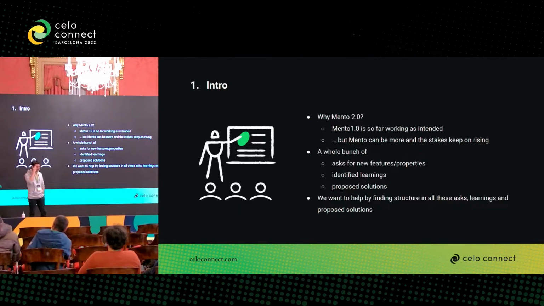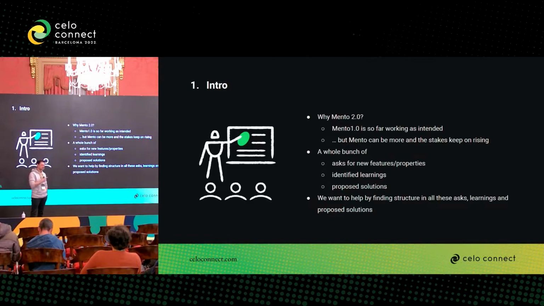What the next couple of slides try to do is structure, as well as we can after talking to so many different people and getting all that input, this whole bunch of asks, feature requests, and properties for a new Mento. The learnings that we were seeing ourselves over the last 2 years, but also the ones that were communicated to us about things that didn't go well, like shortcomings and so forth.